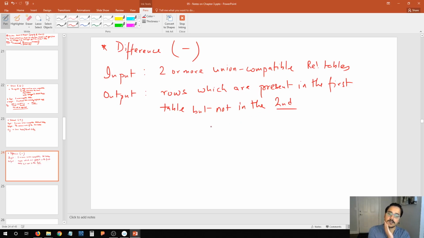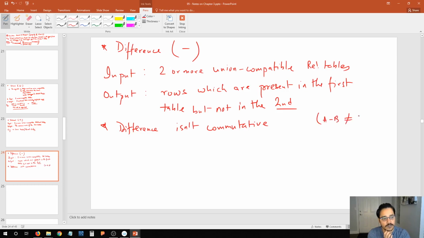So that means, and remember, difference is not commutative. So what this means is that if you have two tables, A minus B is not the same as B minus A. Okay.